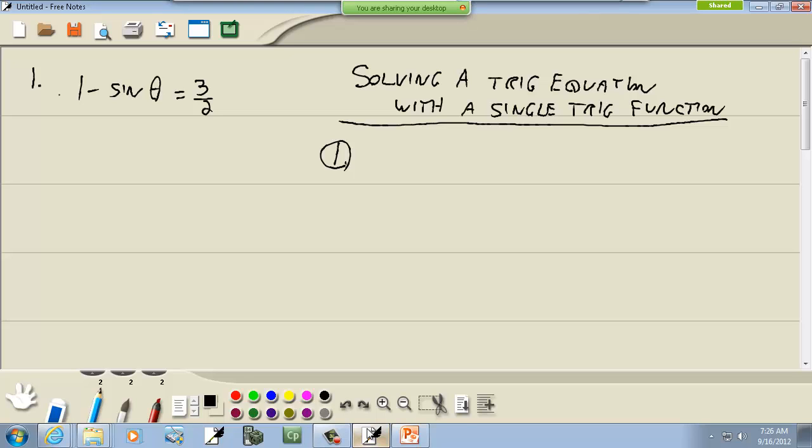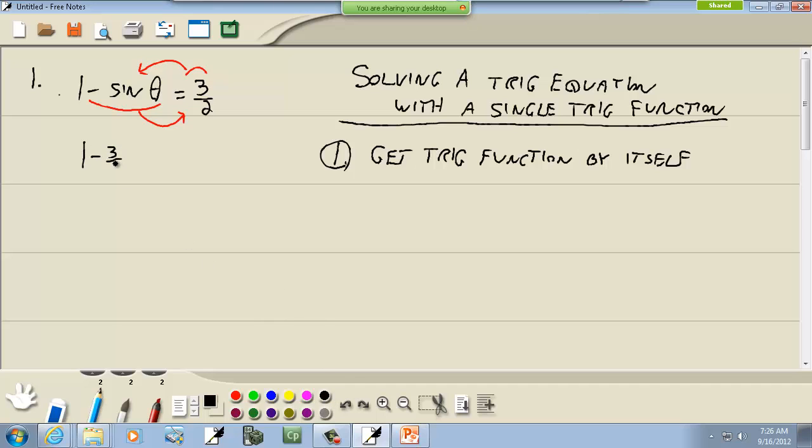Well, first thing we need to do is get the trig function by itself. We don't want any numbers in front of it, any numbers after it. So I'm going to take this negative sine theta to the right side, and I'll take 3/2 to the left side.